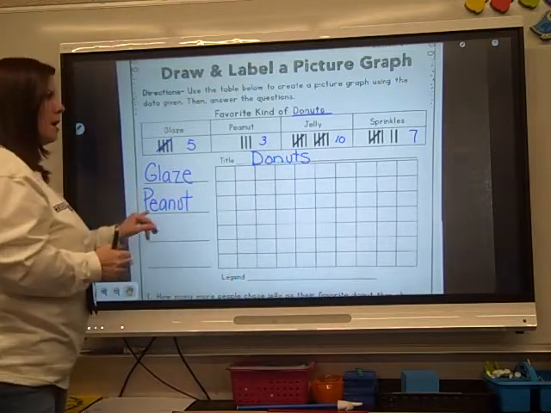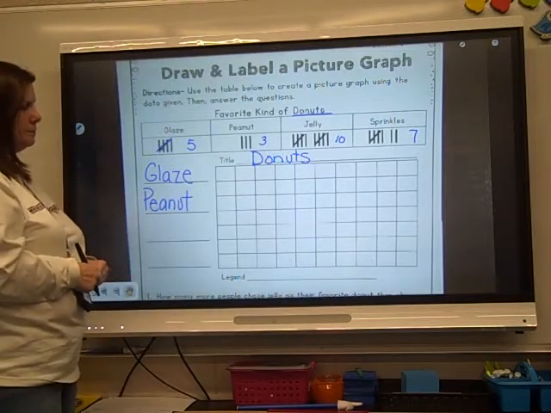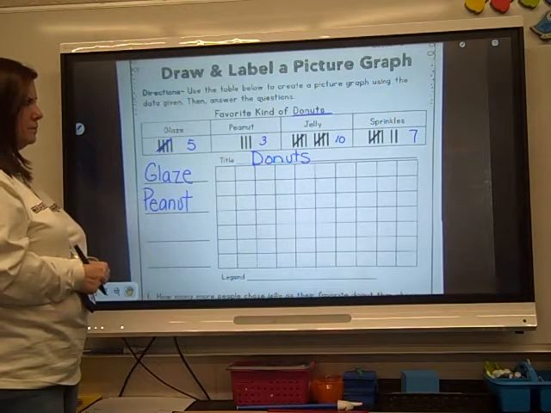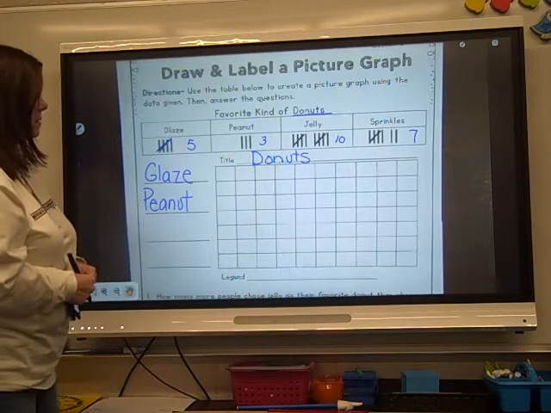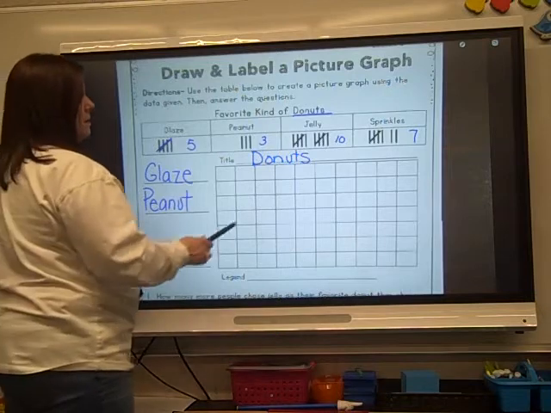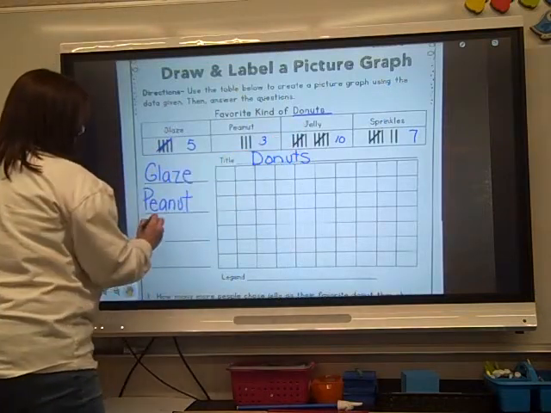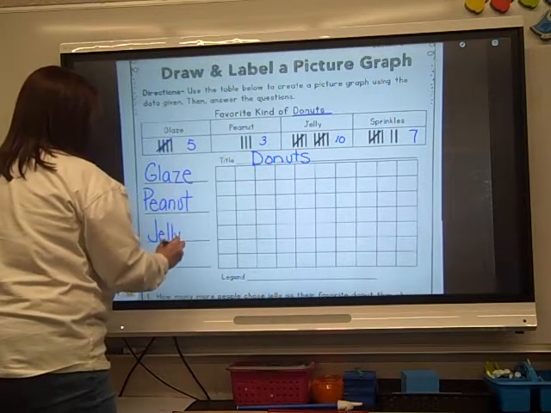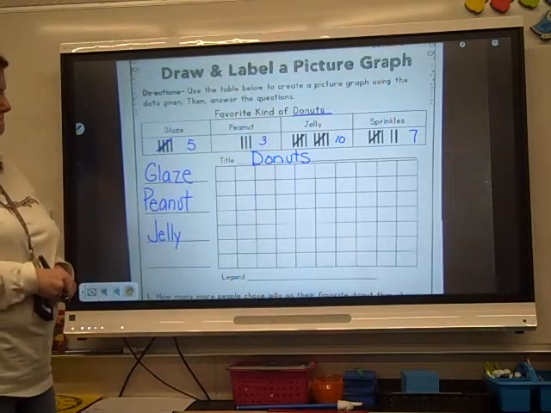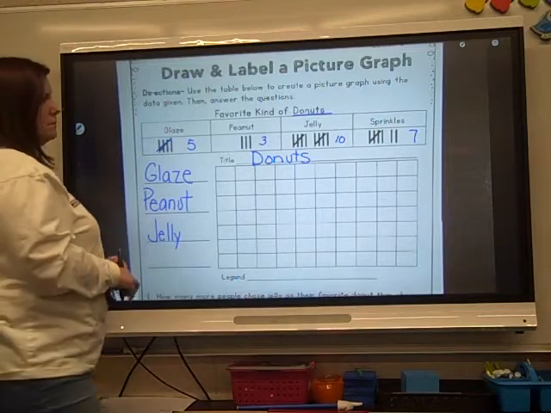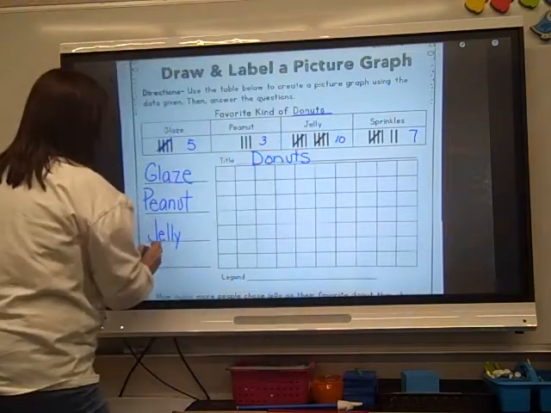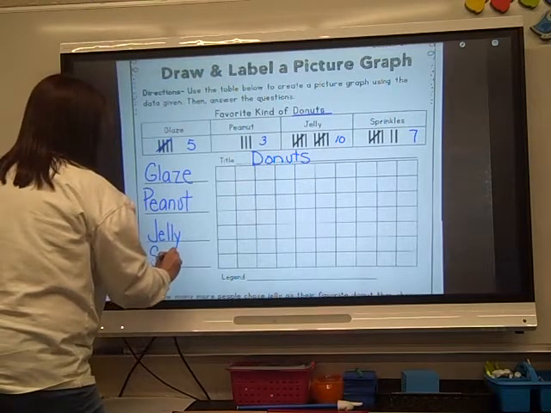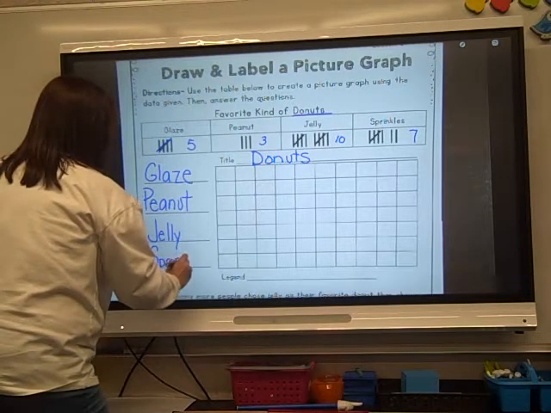It'll be easier than copying it from the computer screen. Jelly, put jelly here. And then the last one is sprinkles. I'll give you a minute to get all of that written in.